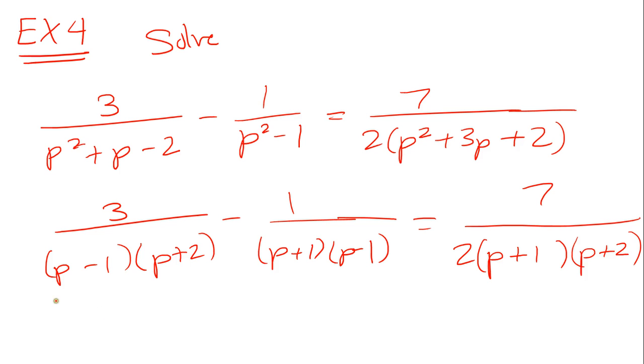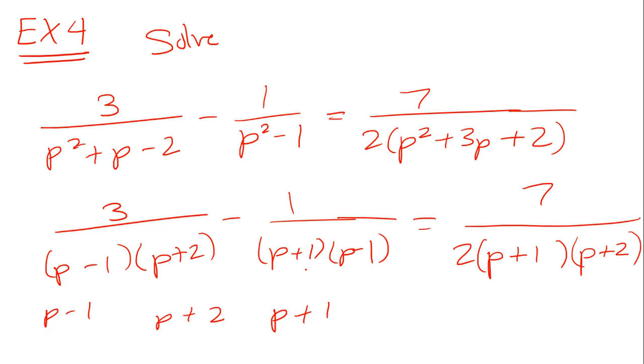We have p minus 1, p plus 2, and there's one thing I'm leaving off, p plus 1. So if we multiply by all 3 of these, we should get rid of all of our fractions.